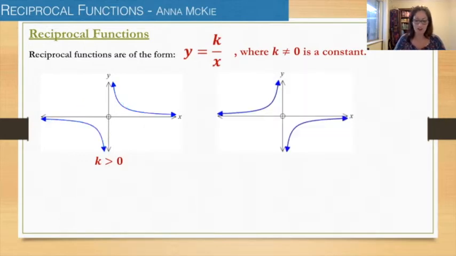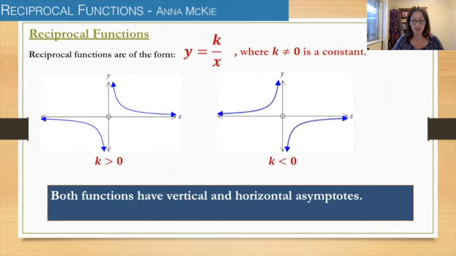So the one on the left is when k is greater than 0, and the one on the right, you may work out, is when k is less than 0. Notice it's a similar shape, but they have rotated from either side of the y-axis there. If you were to think about what the coordinates would be for each of those two graphs, it would become obvious as to where the graphs would have to be placed due to those coordinates.